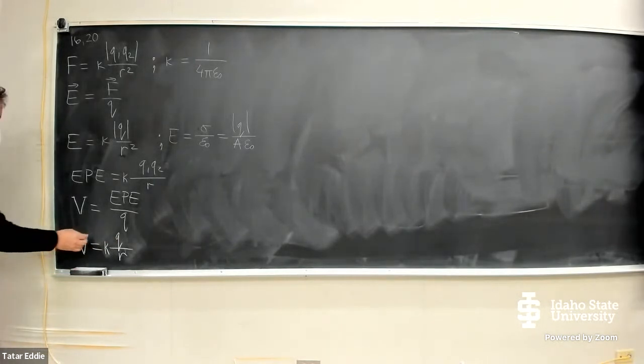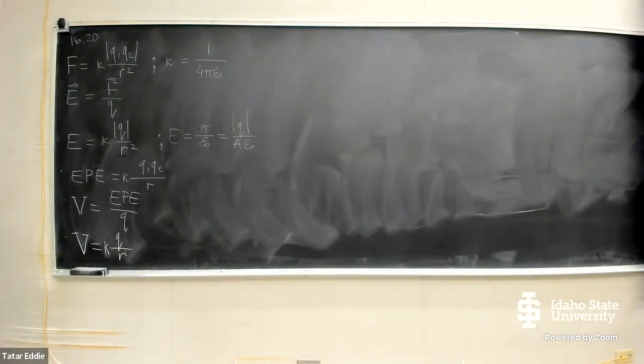So the last three formulas, this one and this one, assume that the voltage, the electric potential at infinity, becomes zero. Infinitely far away from any charges, the electric potential becomes zero.